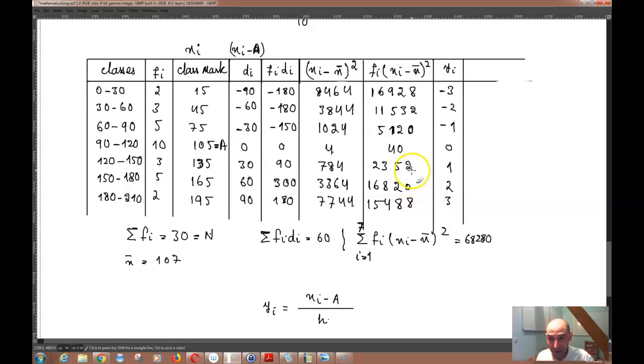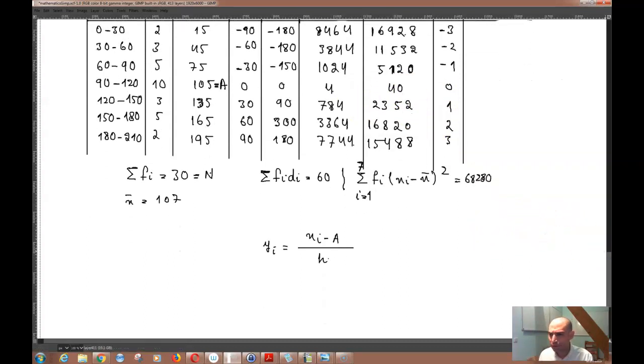And then we said that sigma squared of x is equal to h over n, if I'm not mistaken, I'll try to not make any mistakes.